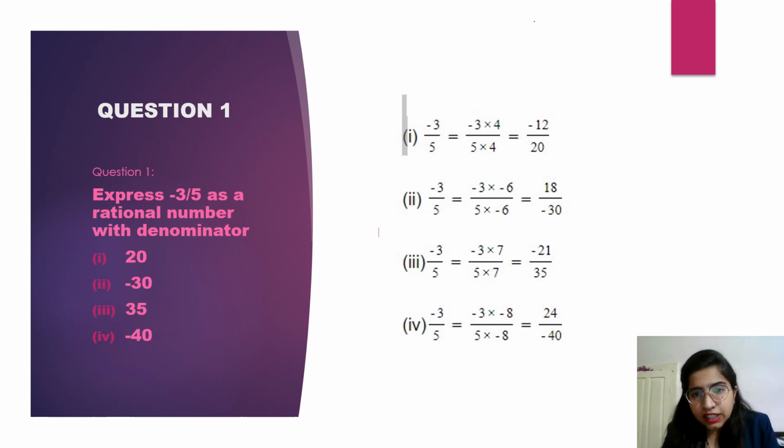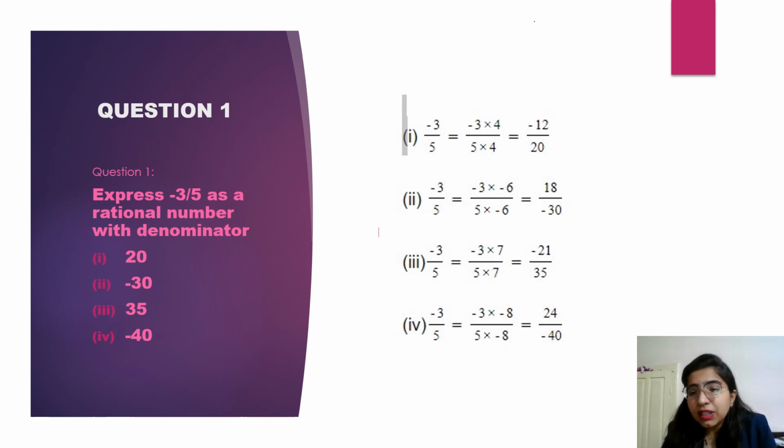You have to convert 5 to 20, so you have to make the denominator 20. To make 5 into 20, you have to multiply 5 with 4, because 5 fours are 20, right?